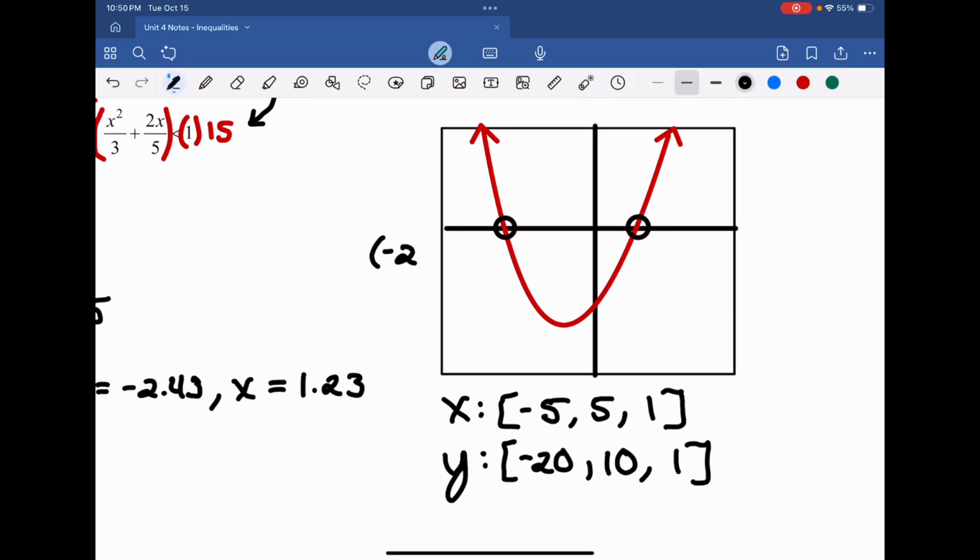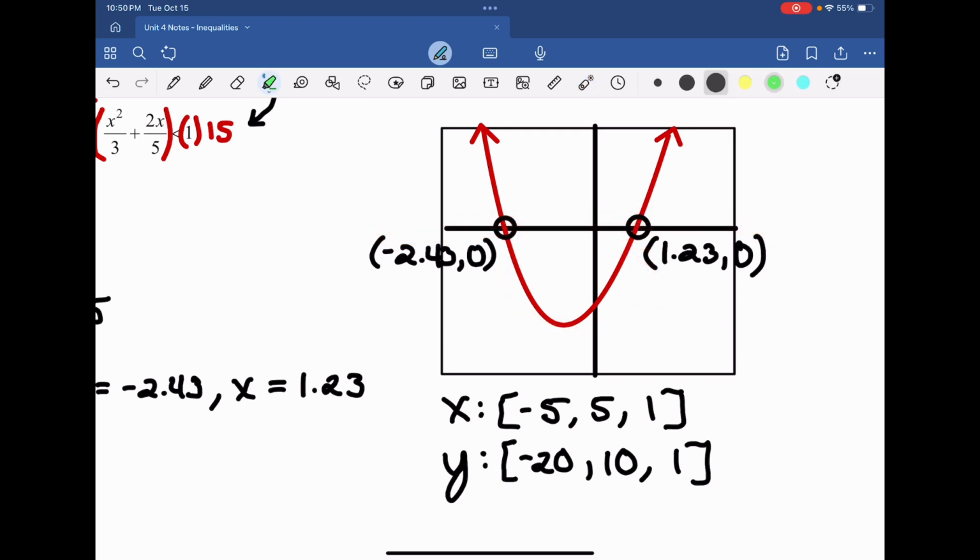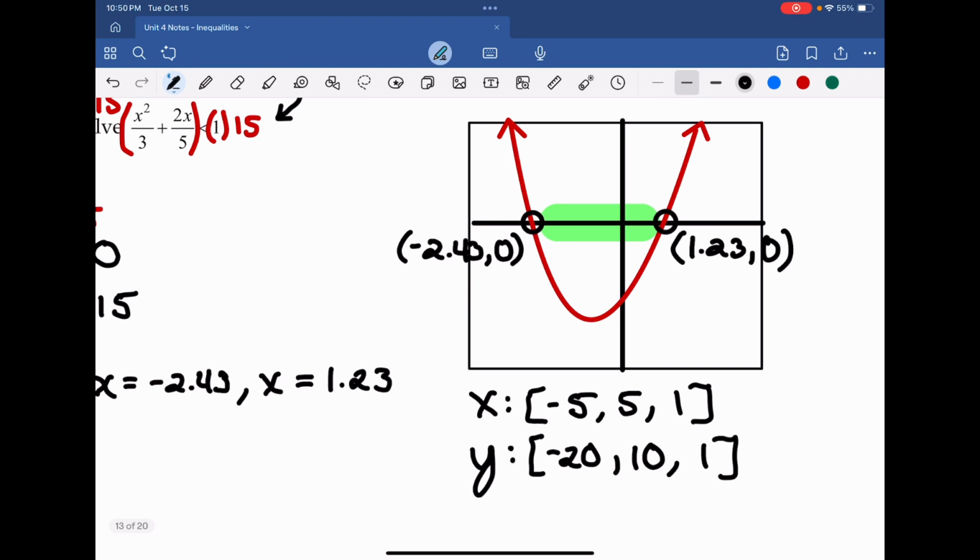Our first x-intercept was -2.43 and 0. Our other x-intercept was 1.23 and 0. And if these are our two x-intercepts, the solutions for where the graph is less than 0, or below the x-axis, is the x values that are between these two, but not including. So we're going to highlight that piece there. And now we're going to summarize this as a final answer.